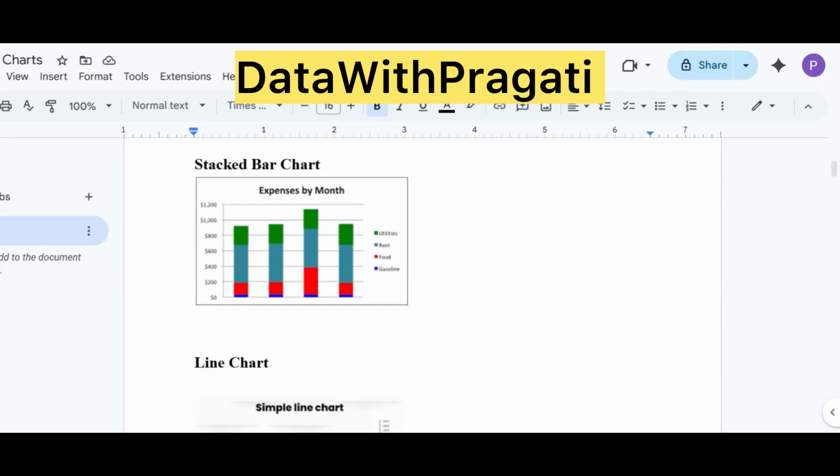A stacked bar chart can show total sales in each city, plus contribution from each category. This is very useful for part to whole comparison.